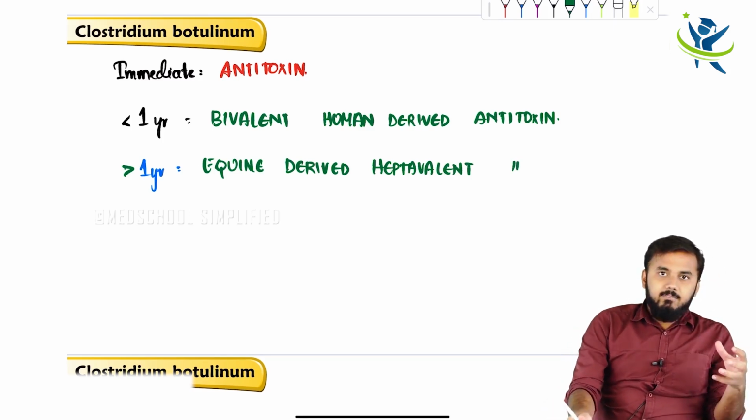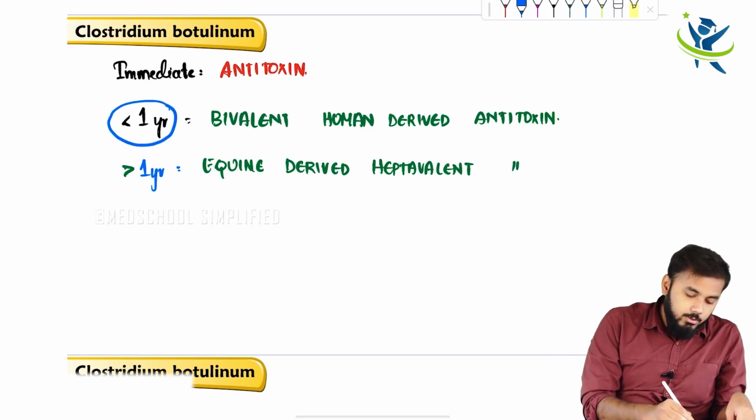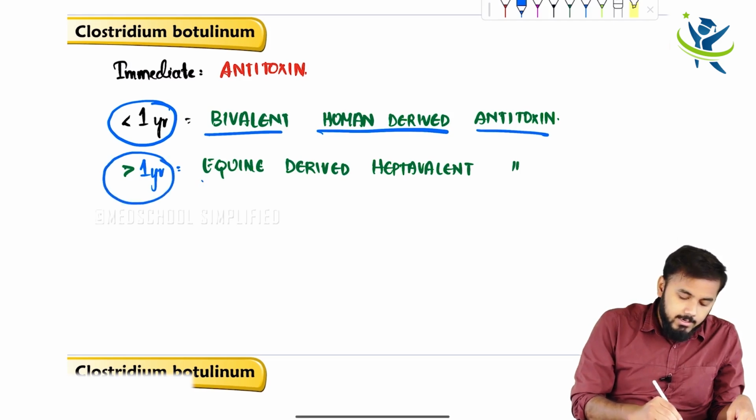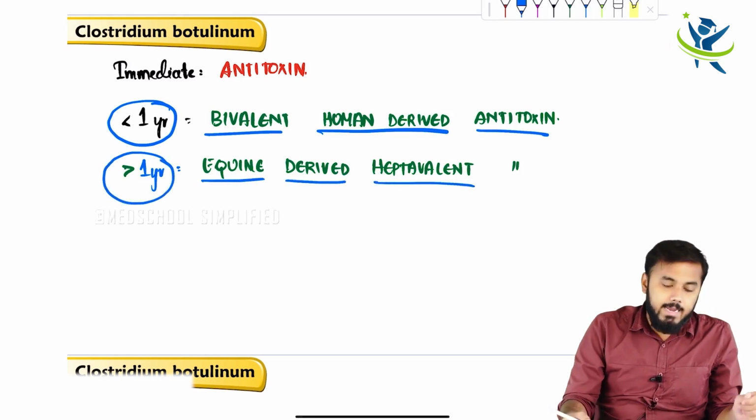So less than 1 year of age, you give bivalent human derived antitoxin. If the age is more than 1 year, then you give equine derived heptavalent antitoxin.